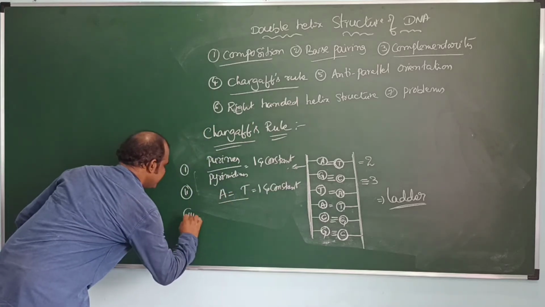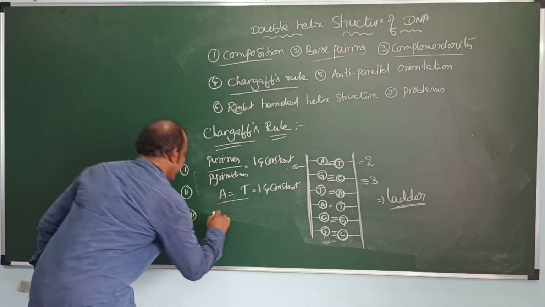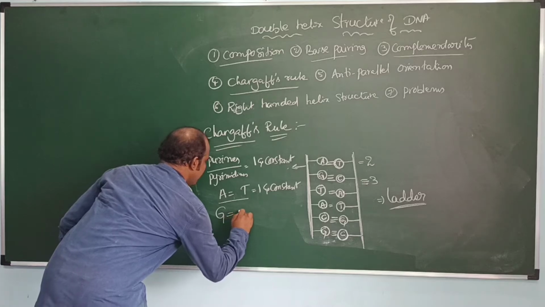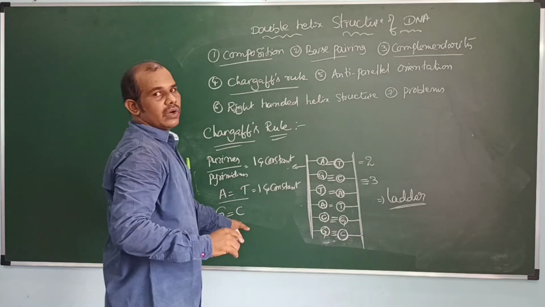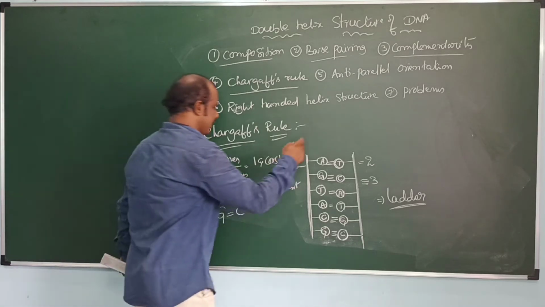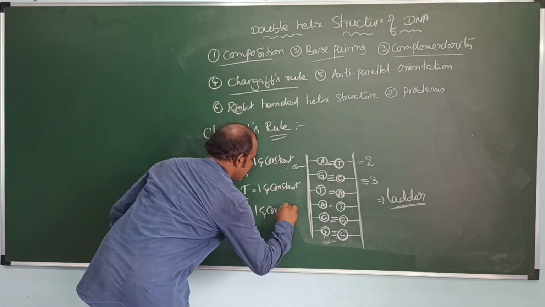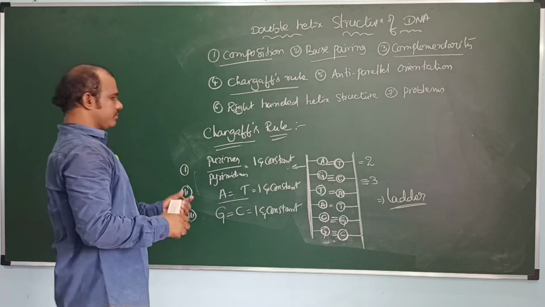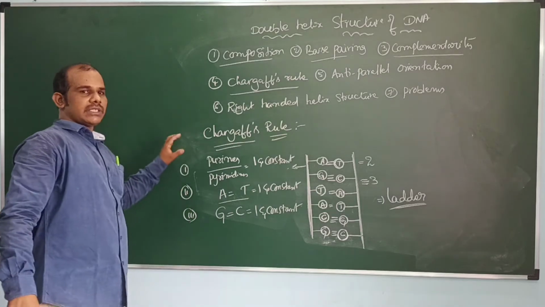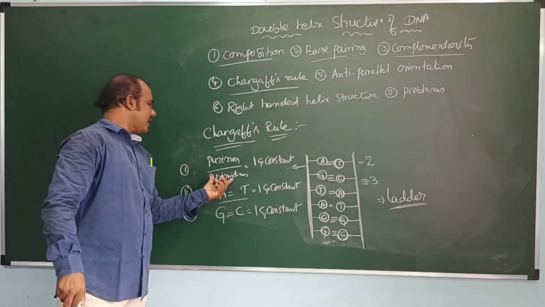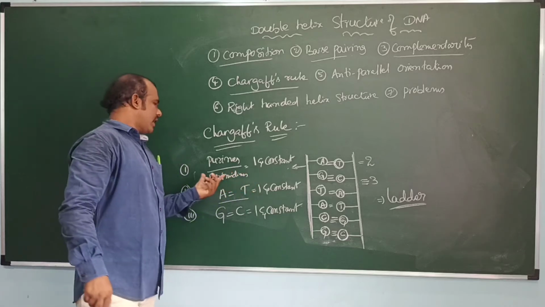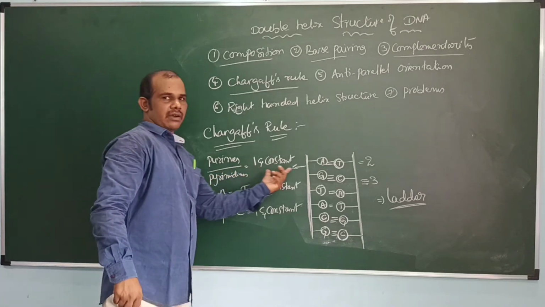Similarly, there is another Chargaff's rule. The number of guanines is also equal to the number of cytosines in a DNA, and the ratio is one and constant. So according to Chargaff's rule, the number of purines equals the number of pyrimidines, so the ratio between them is one and constant.